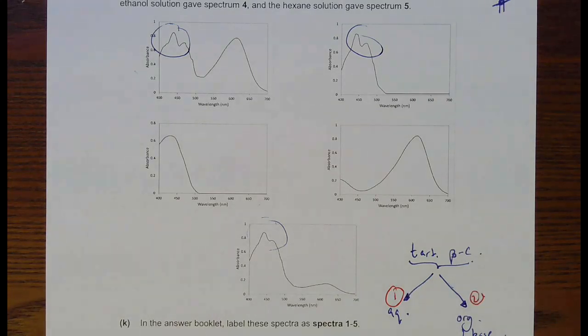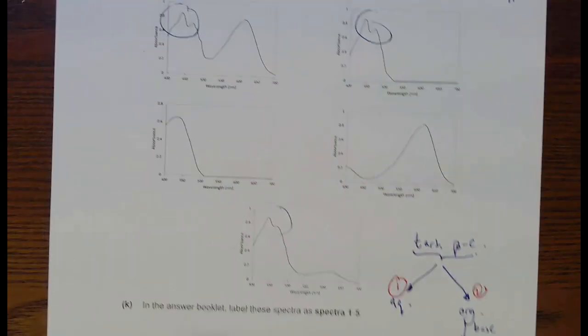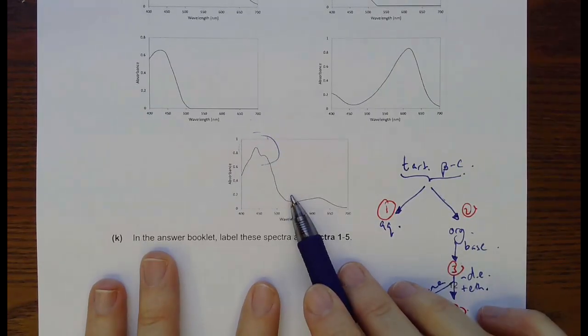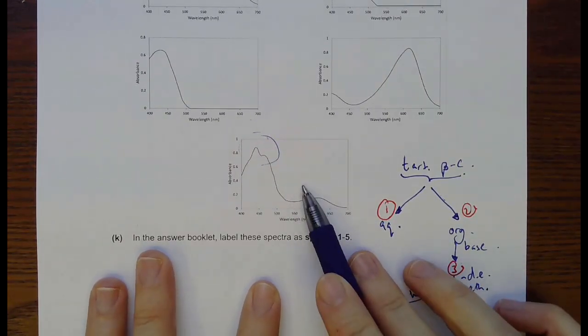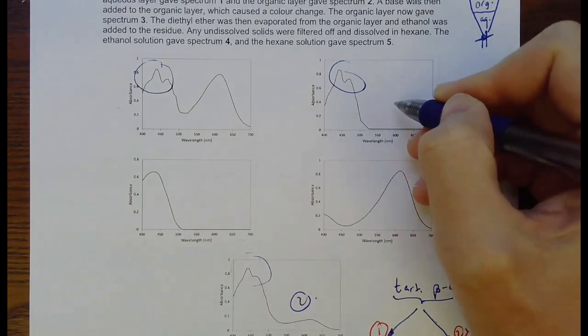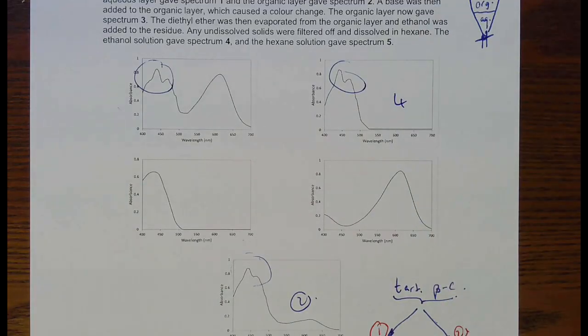So those are going to be my 2, 3, and 4. Which now makes it quite easy, because this is going to be my impure one at the start, so I think that's number 2. This is going to be my pure one at the end, so that's going to be number 4.